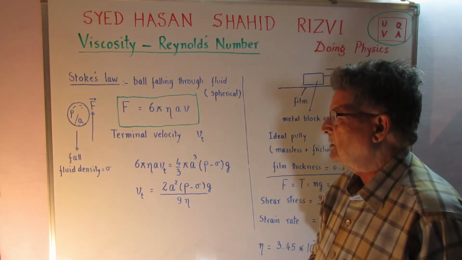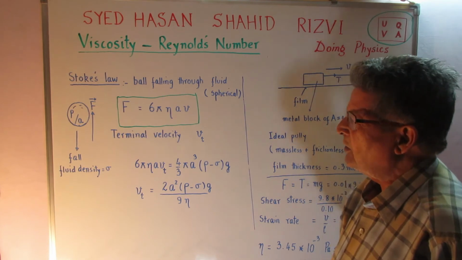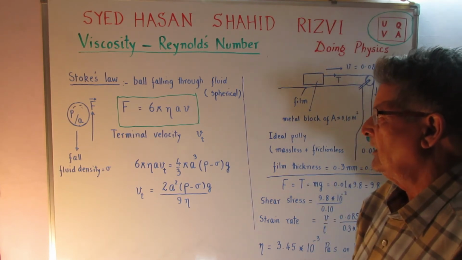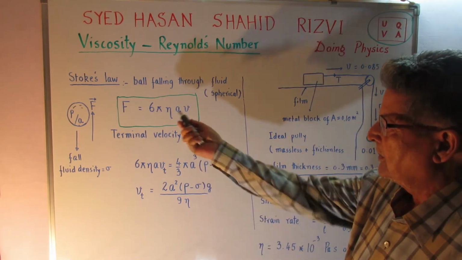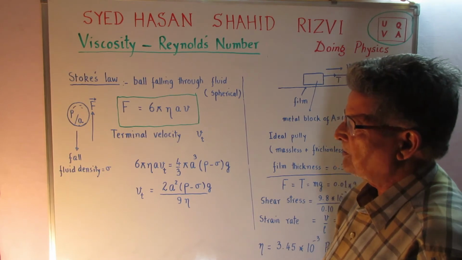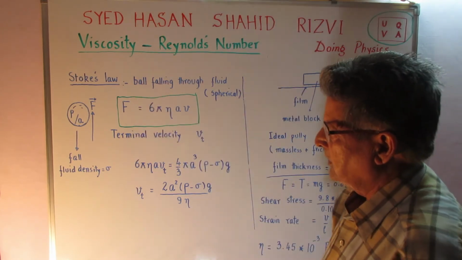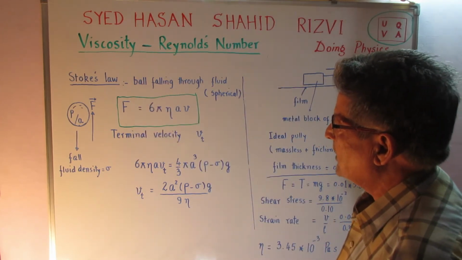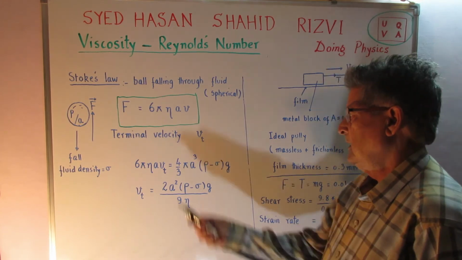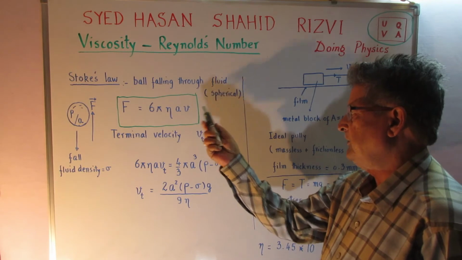It's not our endeavor right now to prove and derive it, but we will remember it for application's sake: the force applied on the ball in the direction opposite to its motion through the fluid is 6 pi eta AV.